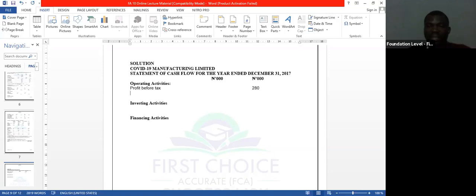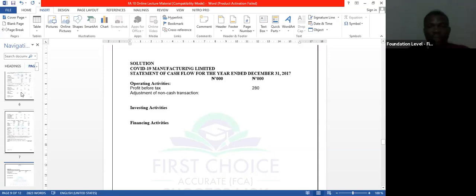So we need to adjust that profit so that we can get the actual cash profit that we have generated for the year. So let's adjust. What are the items that do not involve movement of cash?